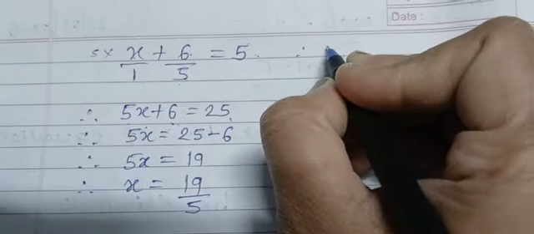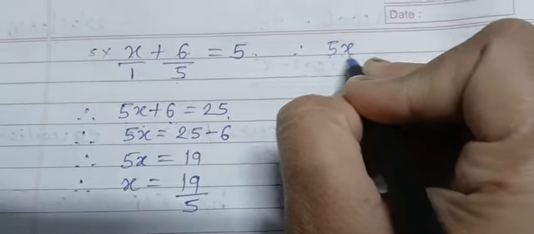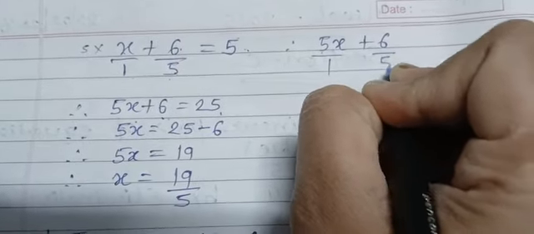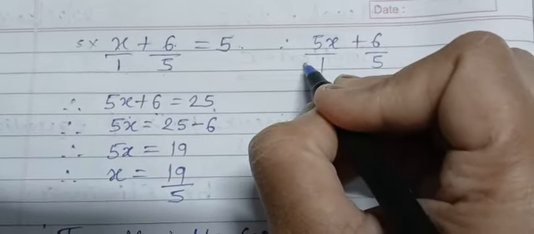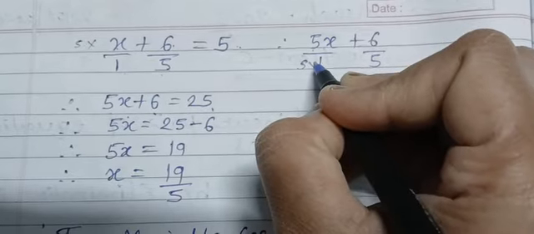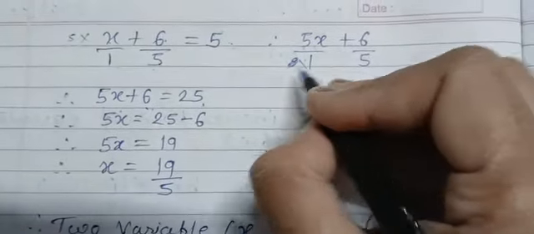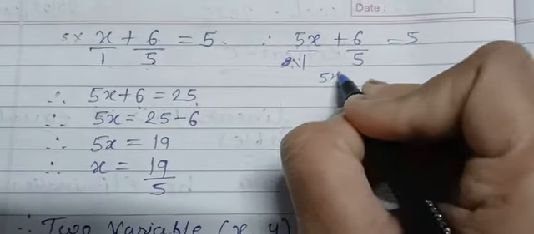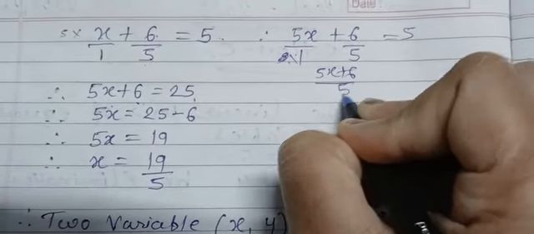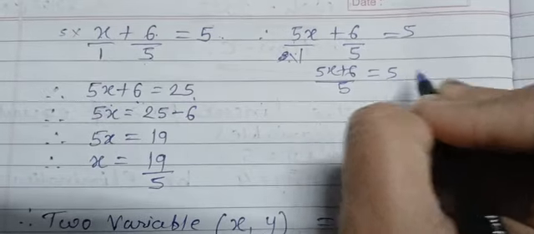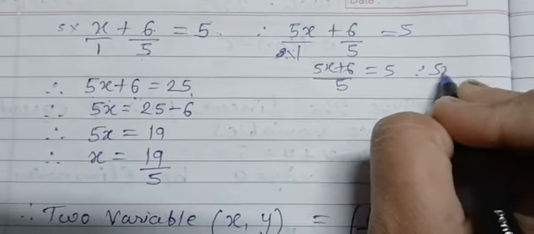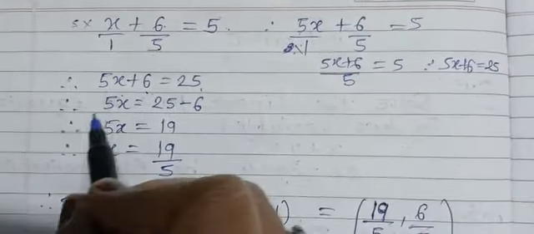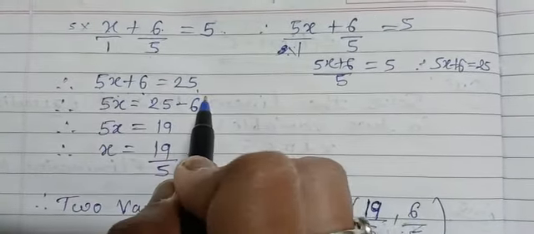To make it simple for you, 5x upon 1 plus 6 upon 5, and equal to 5. Then 5x plus 6 upon 5 is 5, and therefore 5x plus 6 equal to 25. So 5x plus 6 is equal to 25.